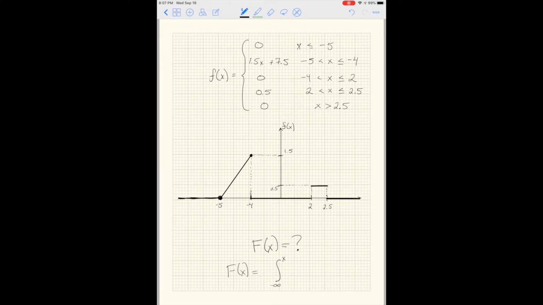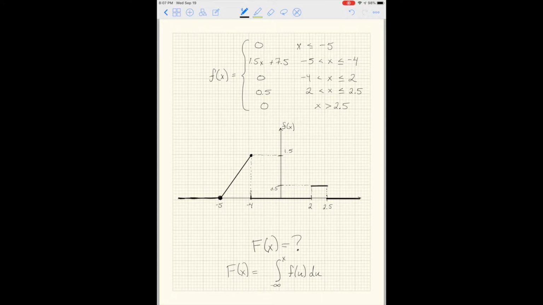So I will put f of u du. And so all of the ones we do are going to be basically that right there. So I need to consider a bunch of different cases corresponding to how the PDF is broken up, and then effectively ask, all right, so what is the area up until this particular x? How much area have I added in so far?